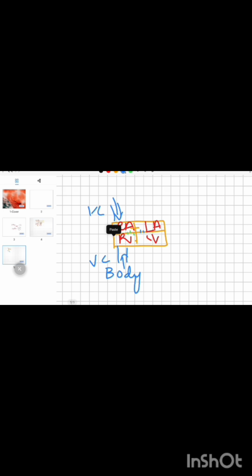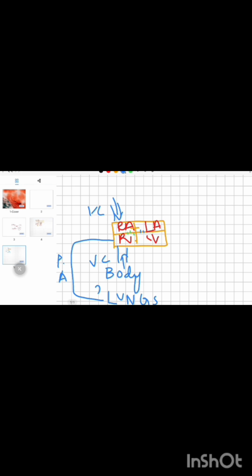It sends this deoxygenated blood from all parts of the body to the lungs, where it gets oxygenated. Right? Through pulmonary aorta. This pulmonary artery is the one that carries deoxygenated blood. All other arteries carry oxygenated blood.